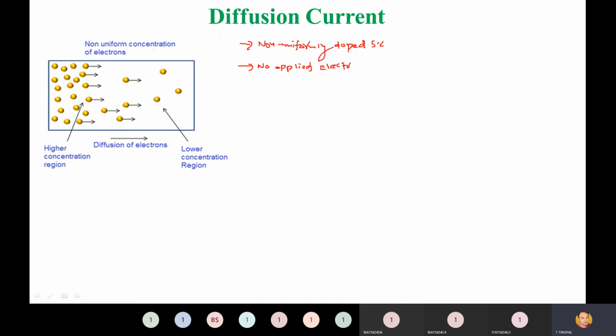No external electric field is applied here. Whereas in drift current, we are applying an external electric field, and also we are taking a uniformly doped semiconductor. So these are the two important differences between drift and diffusion, and you need to remember these two important points carefully.